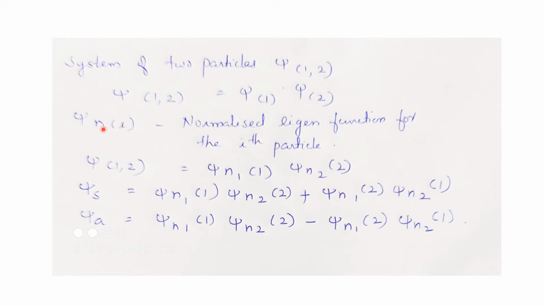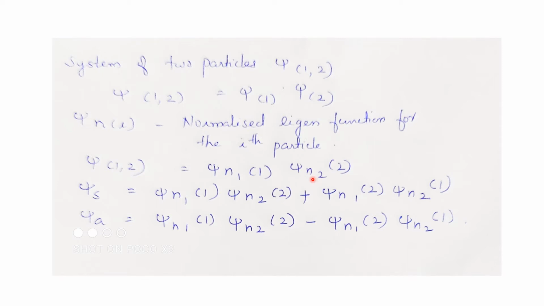Let psi n i denote the normalized eigenfunction for the ith particle, where n indicates the complete set of quantum numbers needed to describe a state. Then the above equation may be written as psi 1 2 is equal to psi n1 1 psi n2 2.